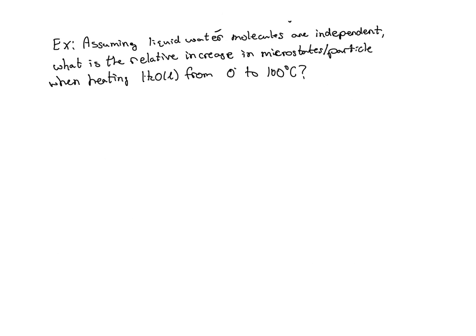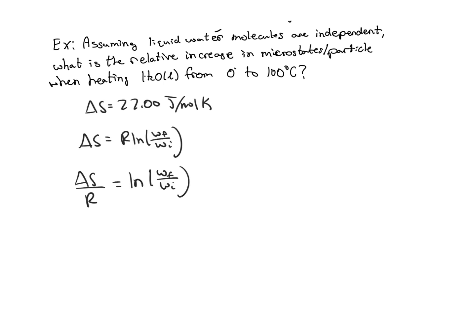Okay, so next, an example for our liquid water molecules. What would be the relative increase in microstates per particle going from 0 to 100 using the example we did before? Okay, so using the equation, we just need to rearrange it to solve for ways final over ways initial.